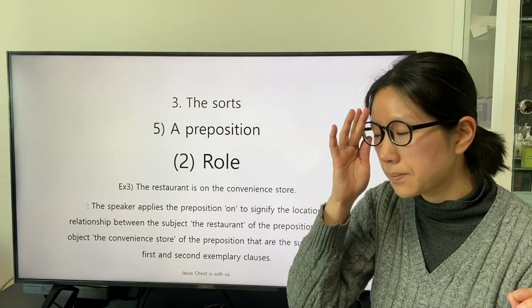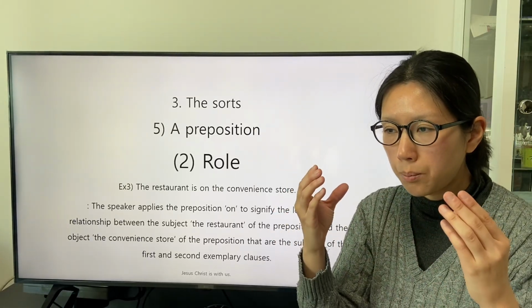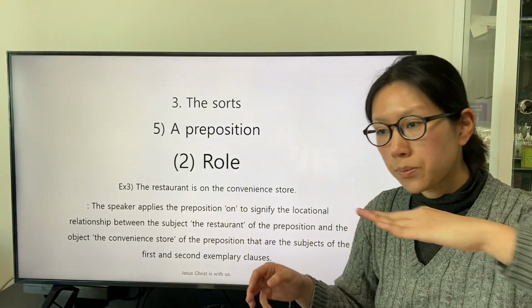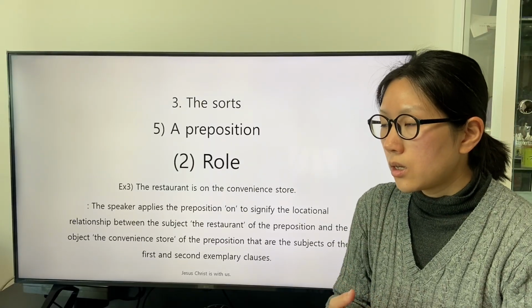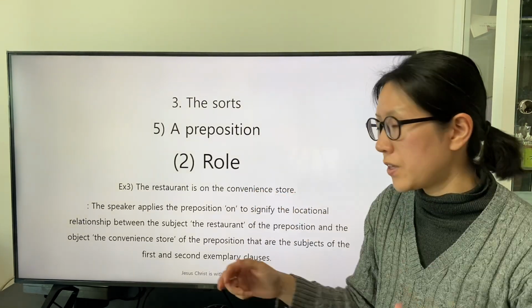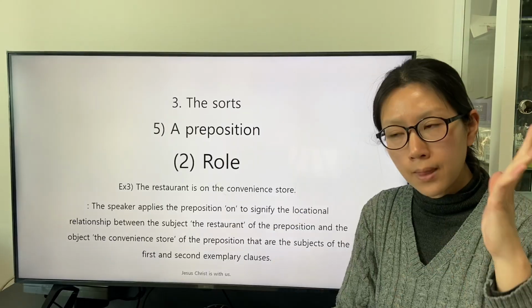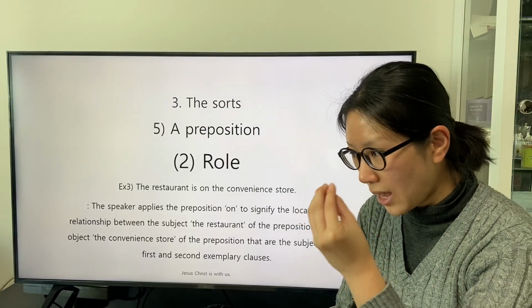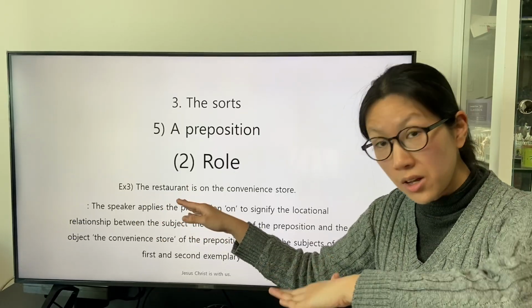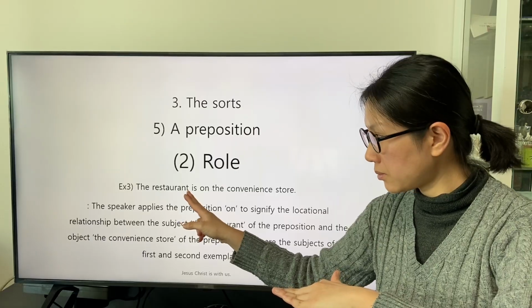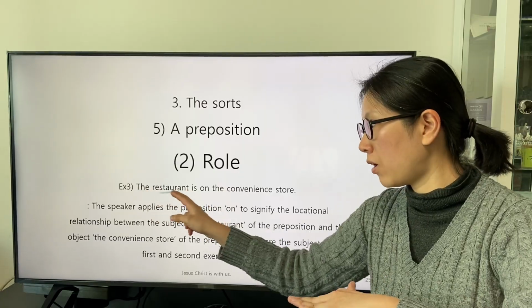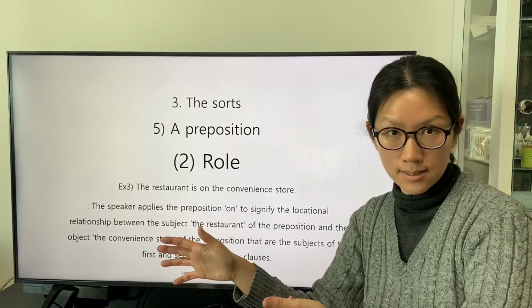So we can understand that the moment when the subject, the restaurant, locates in the upper part of the object, the convenience store, is at the present, when the subject of the be verb is and the subject of the preposition on exists.